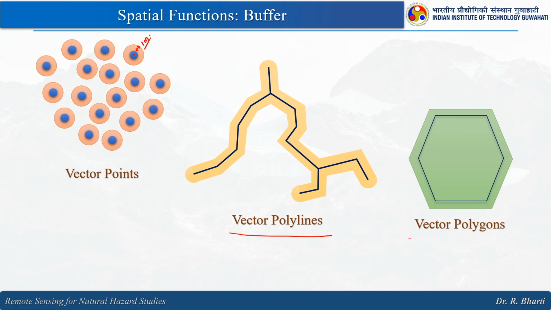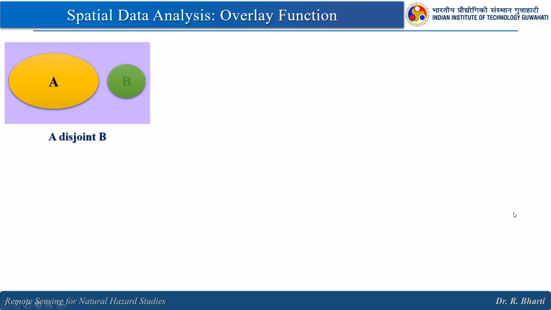In that case the buffer will help you see how much area you have to acquire to increase the size of a particular campus or building, right. So, this kind of analysis can be done in GIS and it will help you to ease your work at the field level. Some more functions are given here.